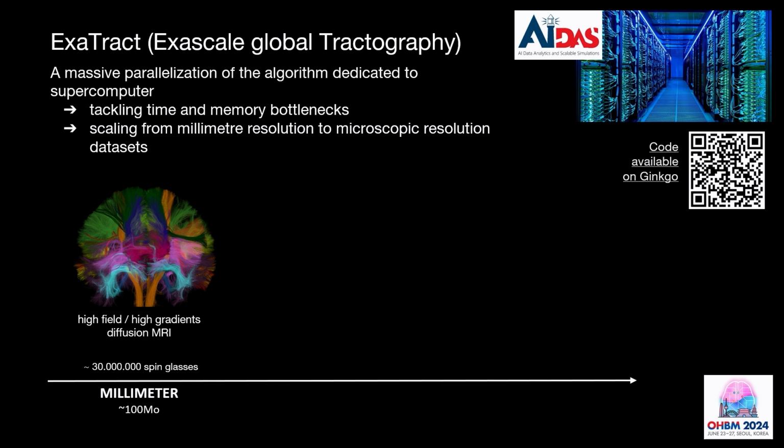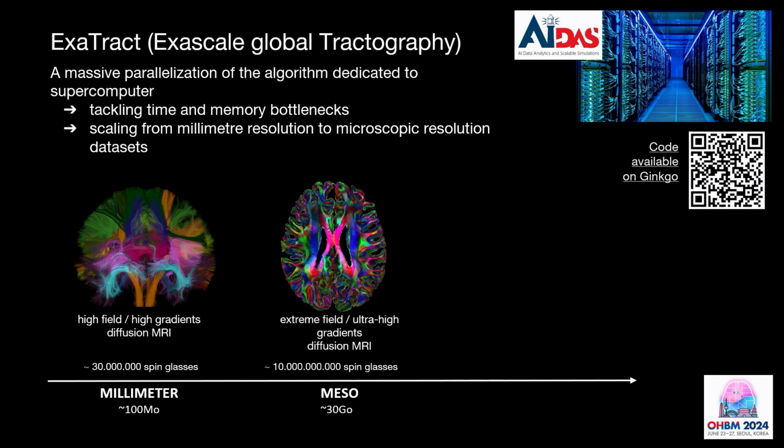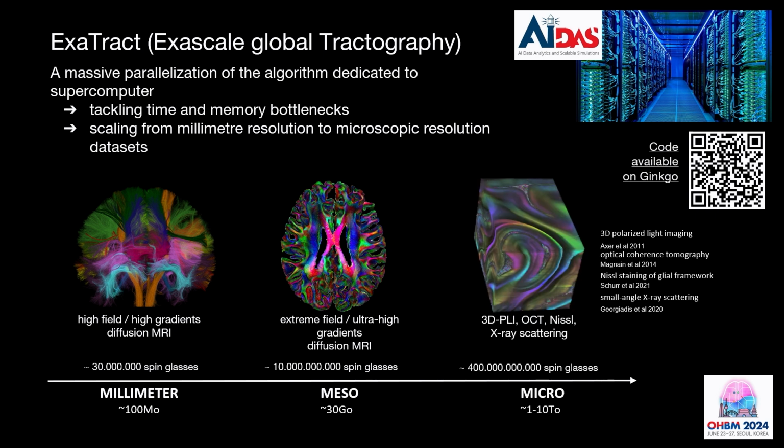So this is the purpose of ExaTract, the massively parallelized algorithm that we dedicate to supercomputers, which aims to tackle time and memory bottlenecks and to scale from the millimeter scale datasets that we have in clinical and in vivo diffusion MRI to microscopic datasets that we can now have from ultra high field diffusion MRI, and even to microscopic scale datasets that we can have from innovative imaging techniques such as 3D PLI, OCT, or X-ray scattering. In these cases, we estimated that the number of spin glasses required would be in the order of hundreds of billions.